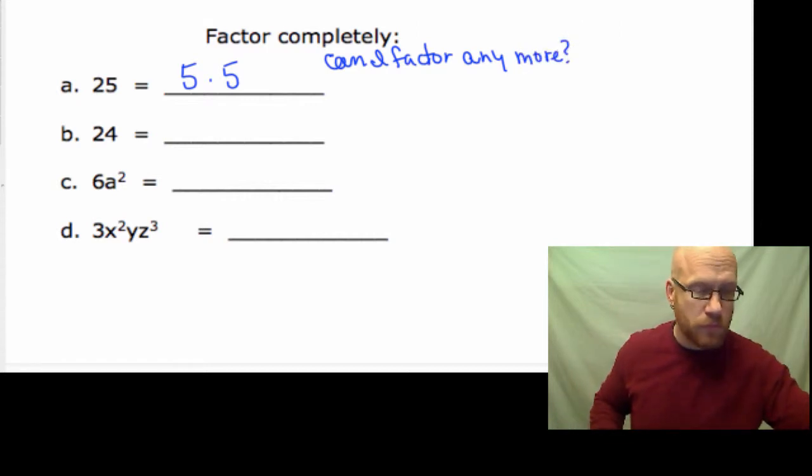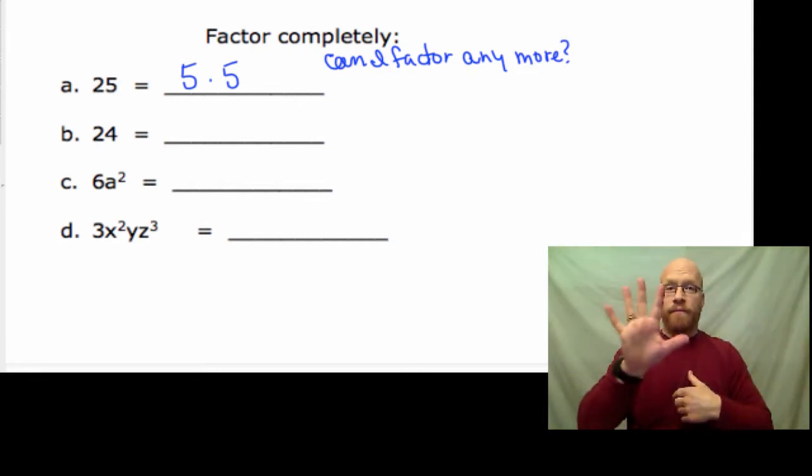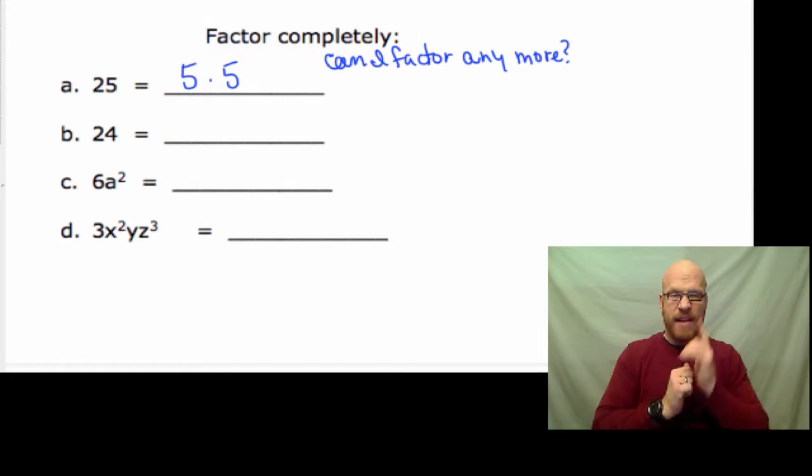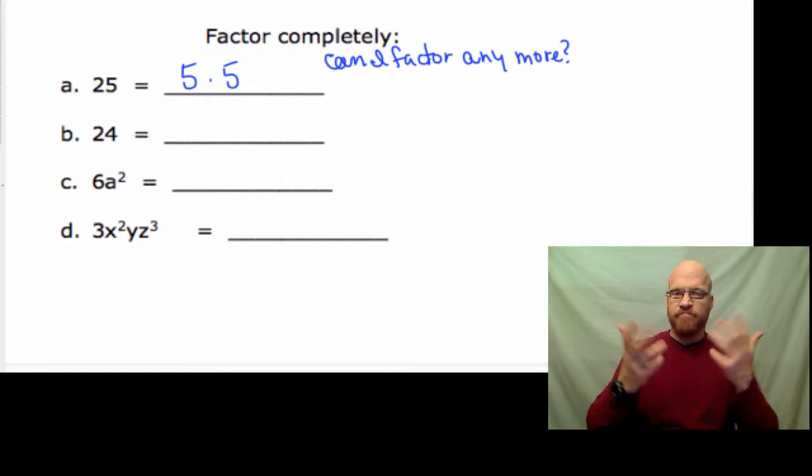As you write these factors, 5 times 5, think to yourself, can I divide 5 by something else to make it smaller? No. So it's 5 times 5.